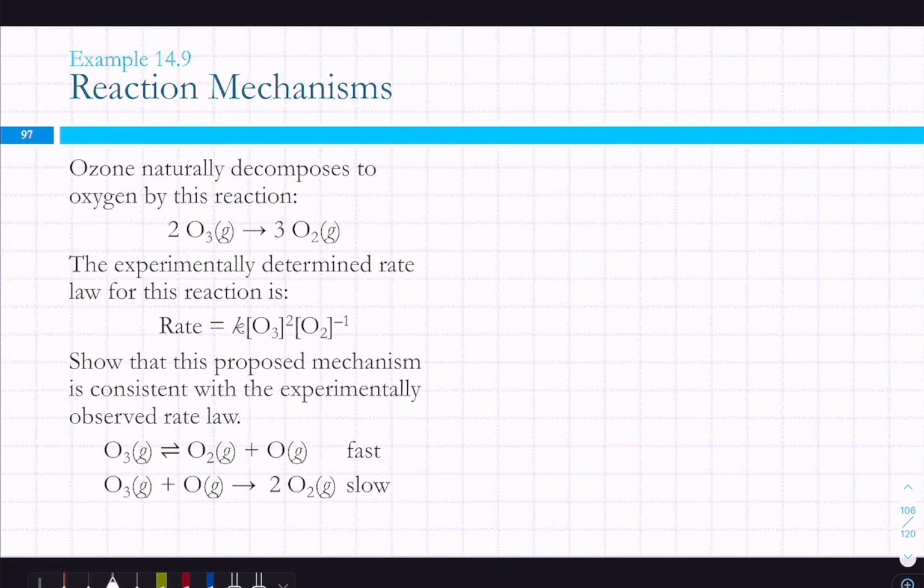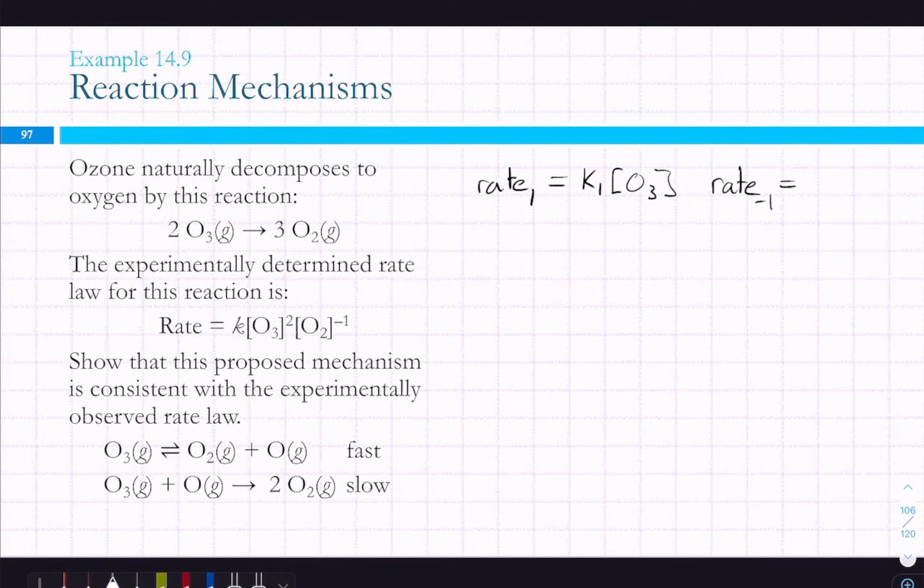So what equation would we set up first? The rate law for the forward reaction in the first step? Yeah. Rate of the first one, so rate 1, it's going to be K1 times the concentration of ozone. And then what's next? The reverse? Yeah, the rate of the reverse.